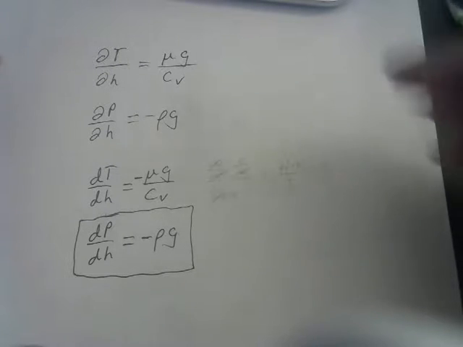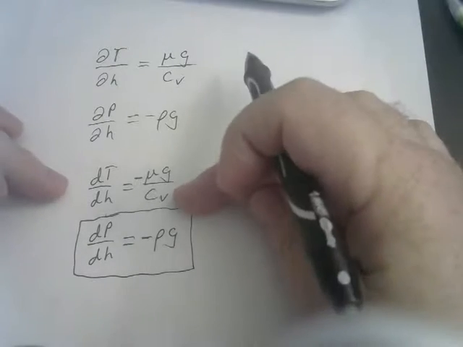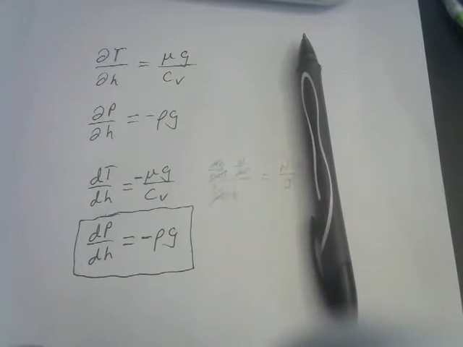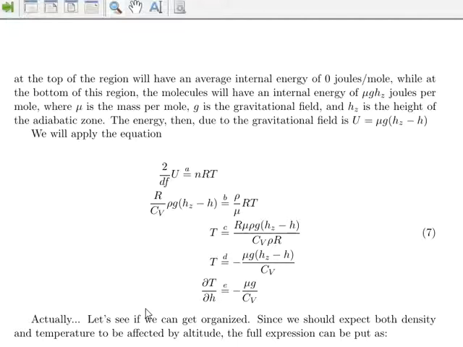Then I also derived this dT/dh, or del T del h. I'll review that formula. It came from assuming that the internal energy of the gas was equal to the density of the gas times gravity times some h sub z minus h.